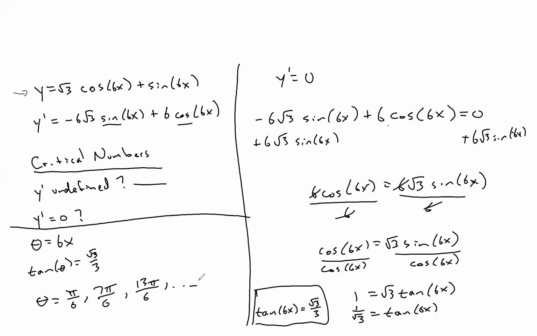The list goes on forever. Just keep adding multiples of pi and you get more answers. This describes all of the solutions to this equation, except I solved for theta. Really, we're trying to solve for x, right? But theta is 6x. So 6x equals all these things.